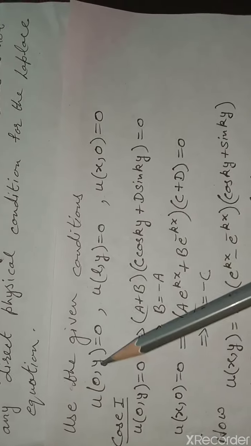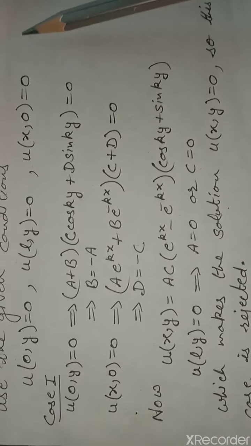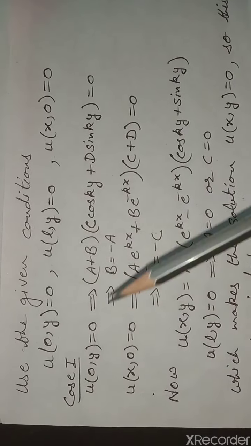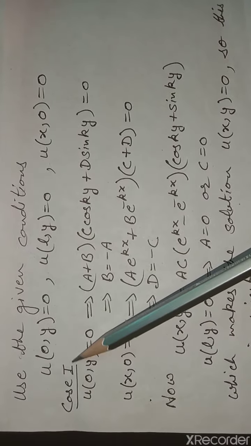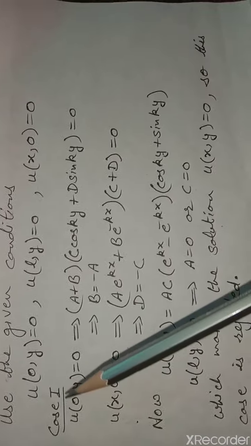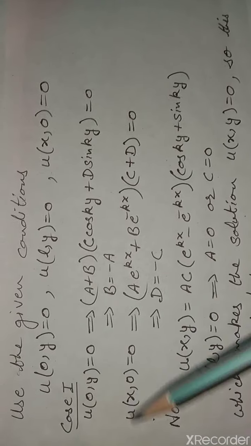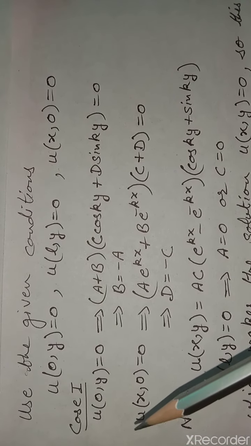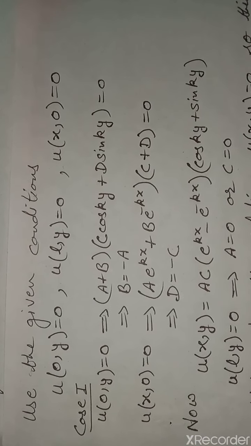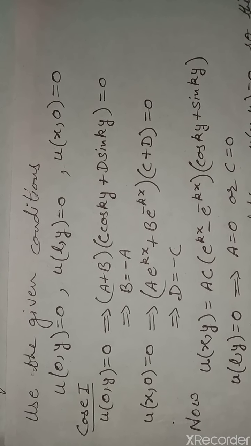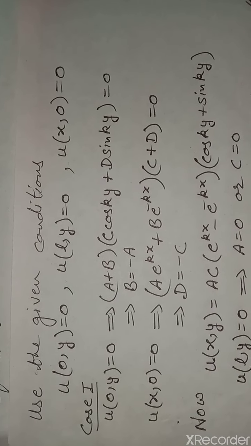In this particular problem, we have these conditions. There is one more condition, but now we use only these three conditions. So first we consider the first case. In this first case, the solution was (a e raised to the power kx plus b e raised to the power minus kx) multiplied by (c cos ky plus d sin ky).